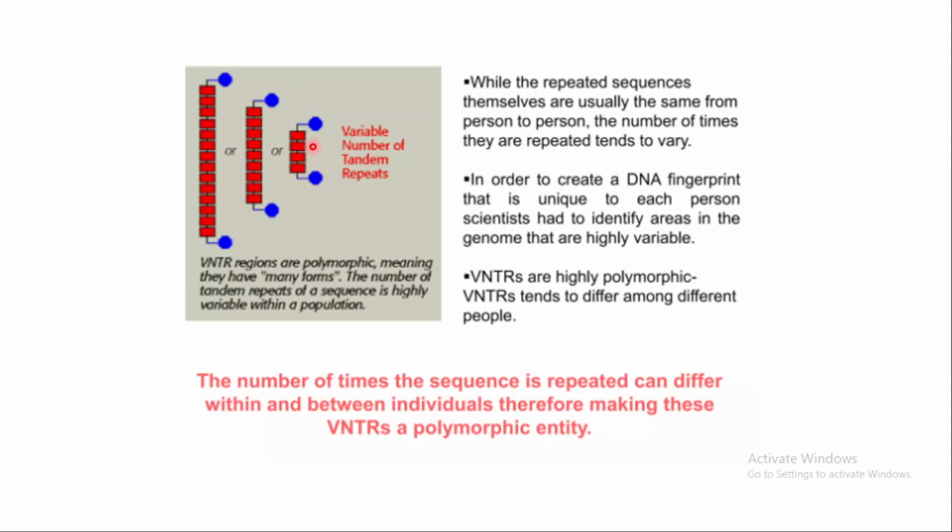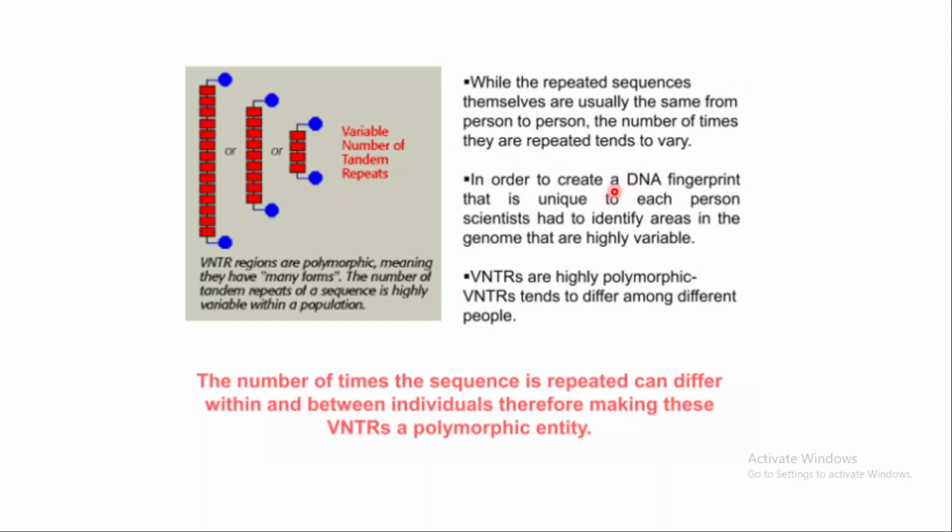Like here we see, an individual has so many VNTRs. The red is one single unit of VNTR. Any particular individual has a fixed number of VNTRs, and VNTRs can occur in the chromosome near genes, and they act as a genetic marker for that individual.